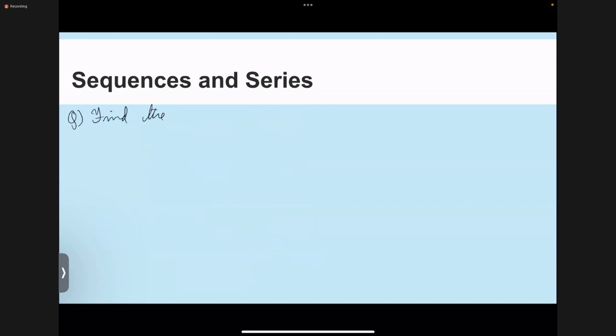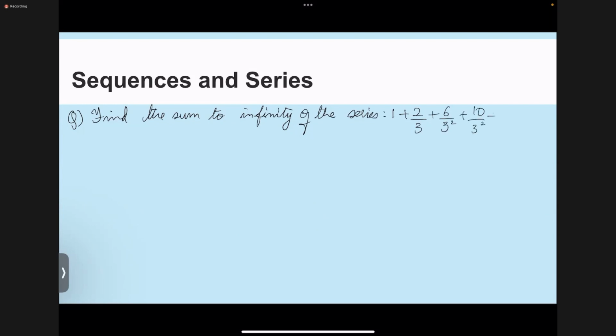Find the sum to infinity of the series 1 plus 2 by 3 plus 6 by 3 squared plus 10 by 3 cubed plus 14 by 3 to the power 4, and so on all the way. Okay, so we have to find the sum of this.